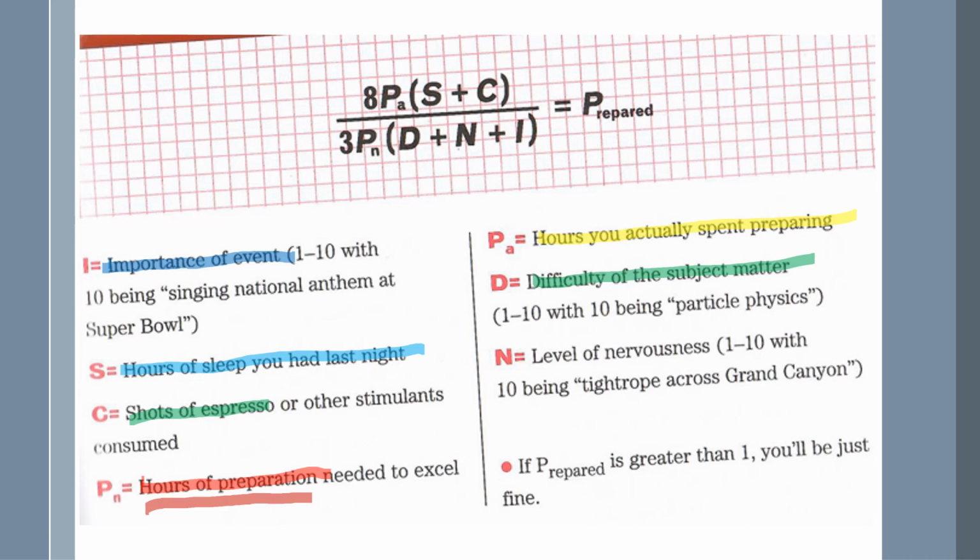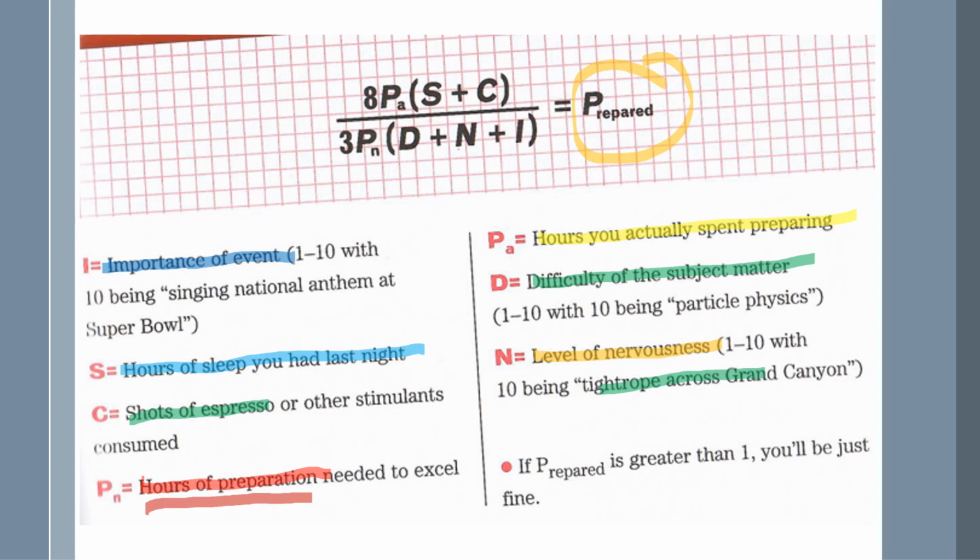N represents the nervousness. How nervous I am on a scale of 1 to 10, 10 being that I just can't function, or I'm walking a tightrope across the Grand Canyon. And of course, what it should equal is that number that I'm looking for.